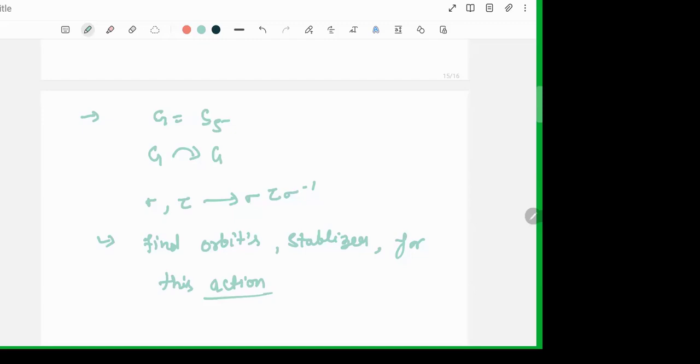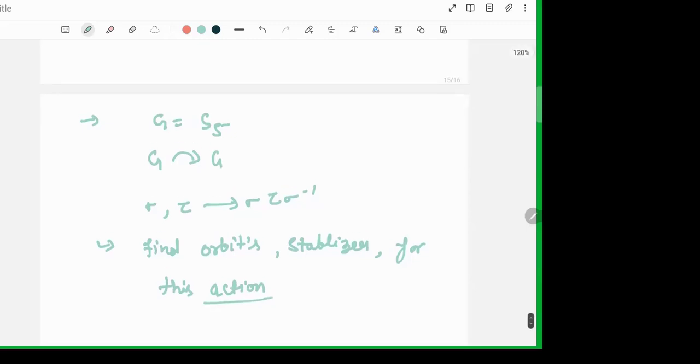The first one I defined just by left multiplication. Now I am giving you another action. First you prove that this is a group action of G on itself. Then find orbits under this action. The orbits under this action are called conjugacy classes. This is a special action called the conjugation action, and orbits under it are conjugacy classes. Try to find the stabilizer of this action too.